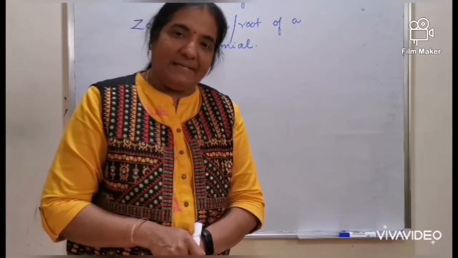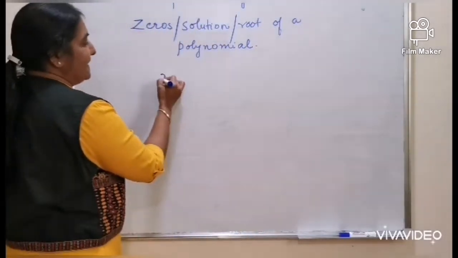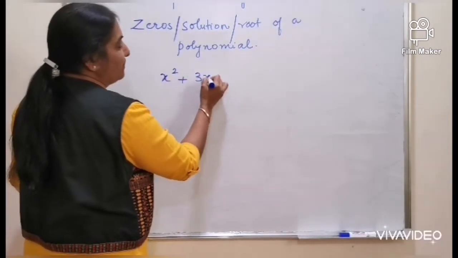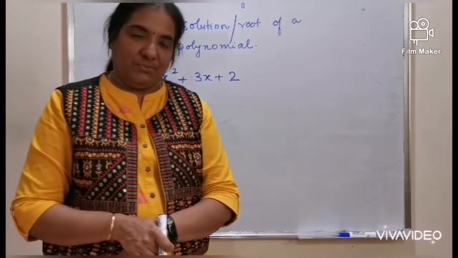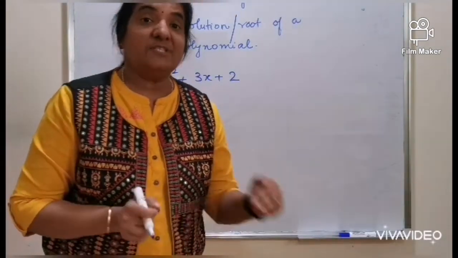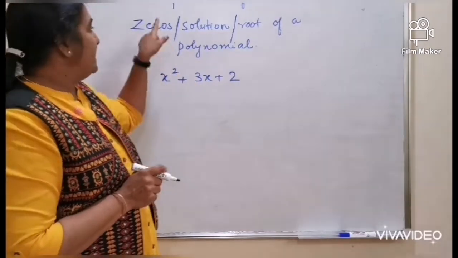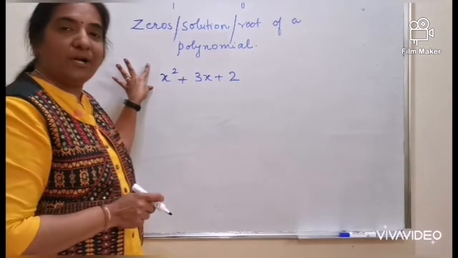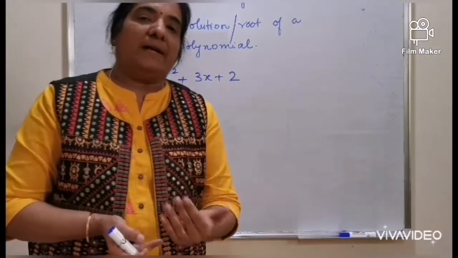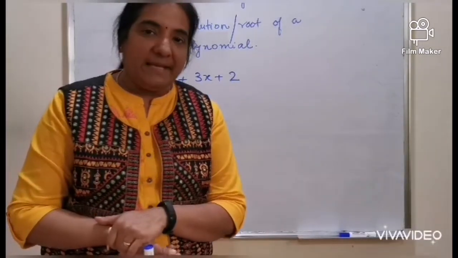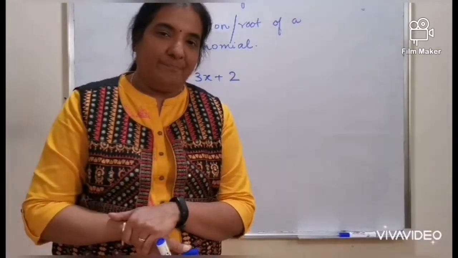A second example, a quadratic polynomial. Take the example of x square plus 3x plus 2. The degree of this polynomial is 2. What is the 0 of this polynomial? The same explanation: what value of the variable will make this polynomial a 0 polynomial?